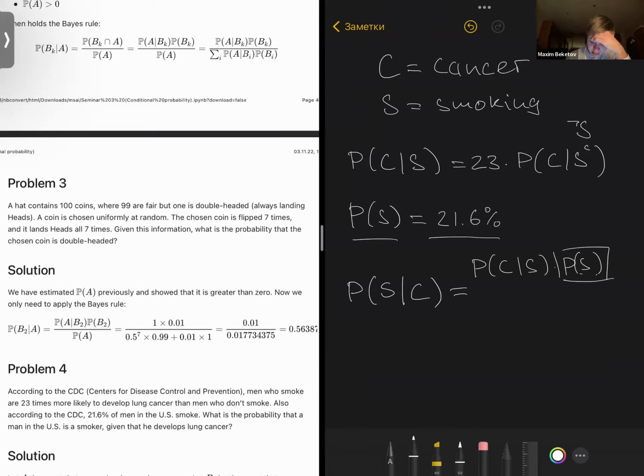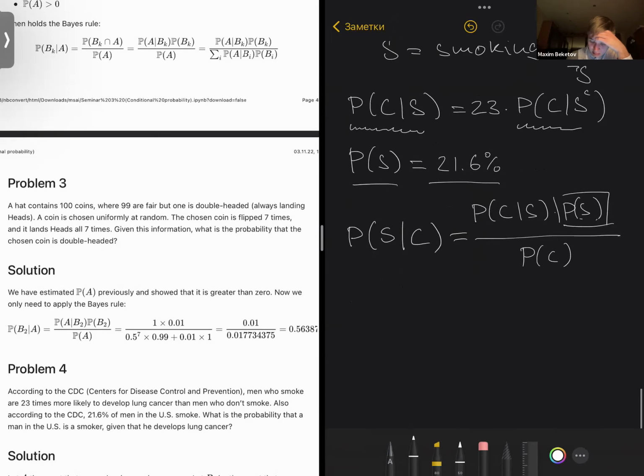P of C given S, we don't know it exactly, but we know how it relates to P of C given the complement of S, right? So we can divide by P of C, since from Bayes' rule we should have P of C here.